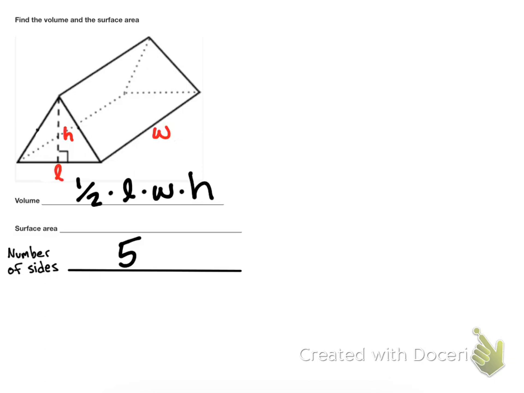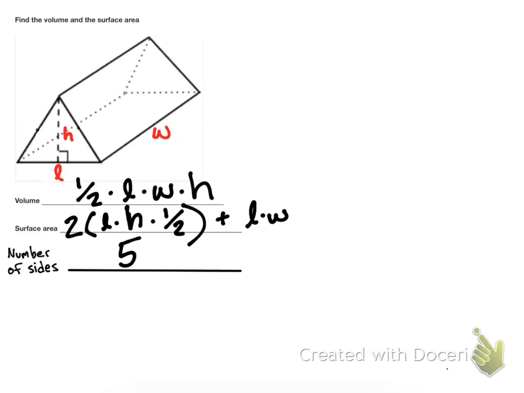Kyle, what is the surface area formula for this? 2 parentheses L times, length times height plus. Now you're missing one part. It's a triangle, so don't forget the half. 1/2. Exactly. Now what? Length times width times 1/2. Are there any other triangles though?